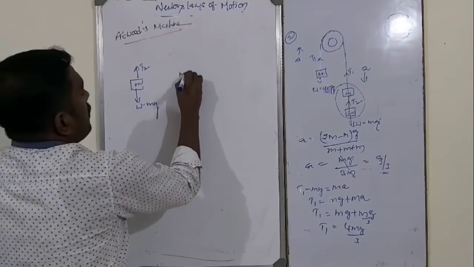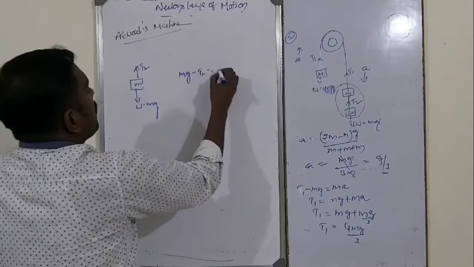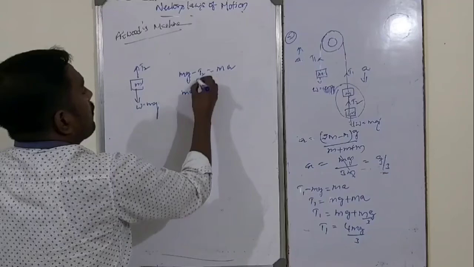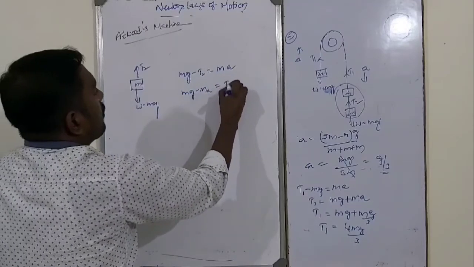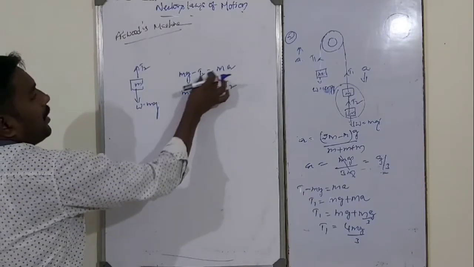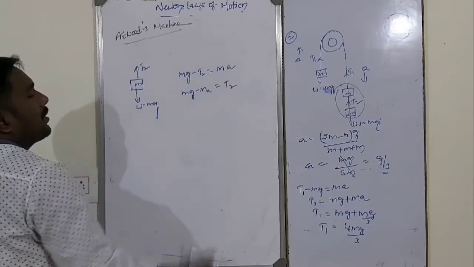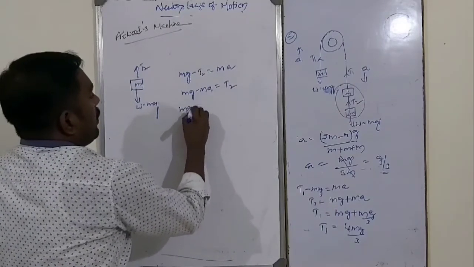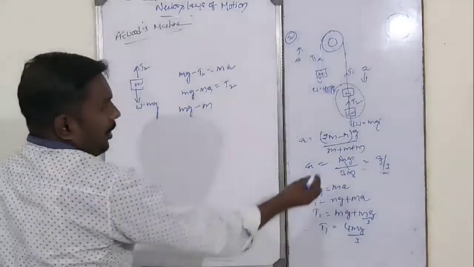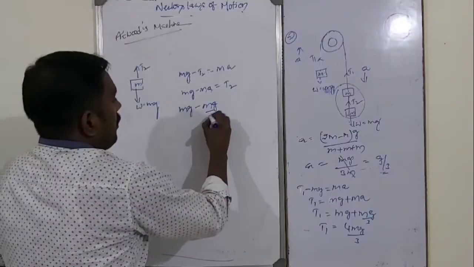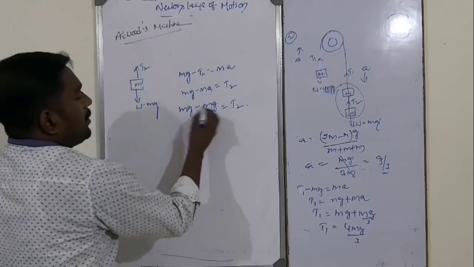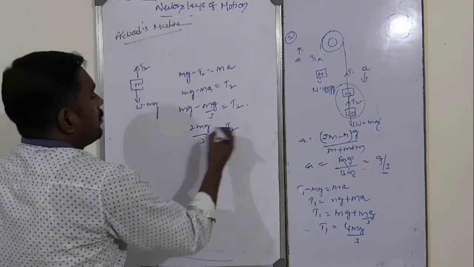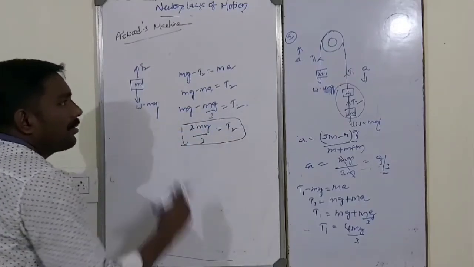So mg minus T2 is equal to ma. Okay, mg minus ma is equal to T2. What is the value of a? g by 3. So 3mg minus mg, 2mg by 3, is equal to T2. This is the tension T2.